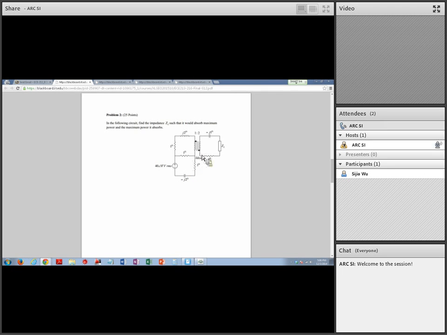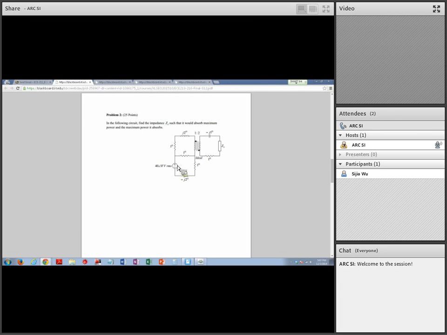If you choose to move everything to the left, you have to remember to change it back. You won't get the right answer for ZL. You'll have a multiple of ZL, so you have to change it back. What I would do is, if you use source transformation, it makes it really easy.